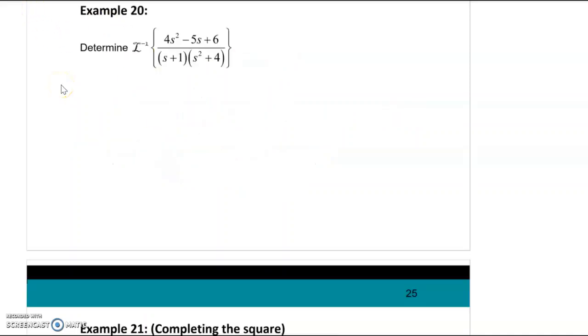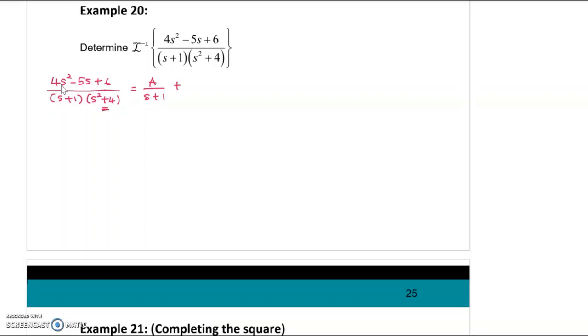Example 20, we have 4s squared minus 5s plus 6 over (s plus 1)(s squared plus 4). This has already been given in the form of bracket times bracket, so we know straight away we need to do the partial fraction. We have the linear factor s plus 1, so it needs to be in the form of A over s plus 1. But the second term here is quadratic.